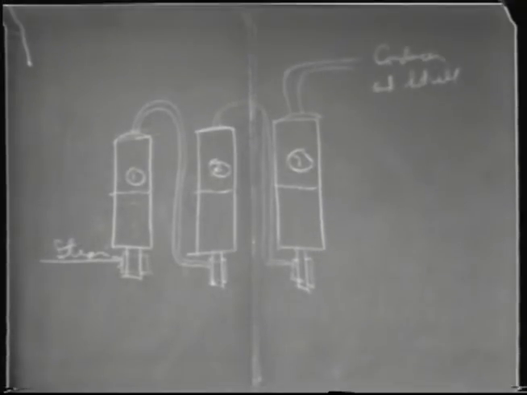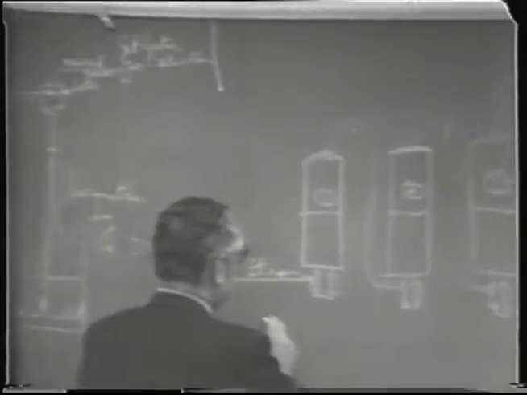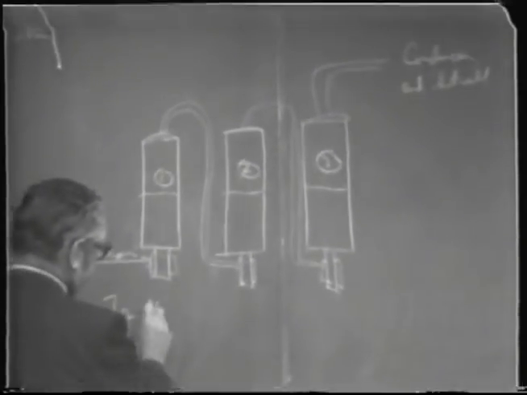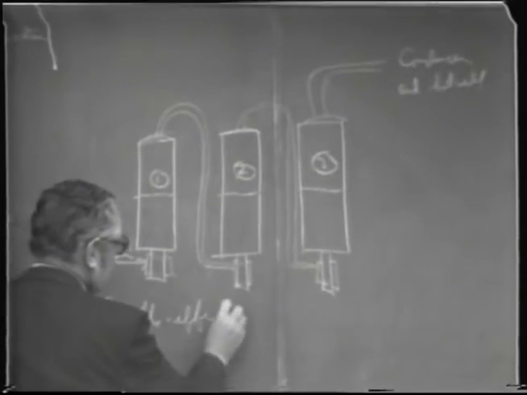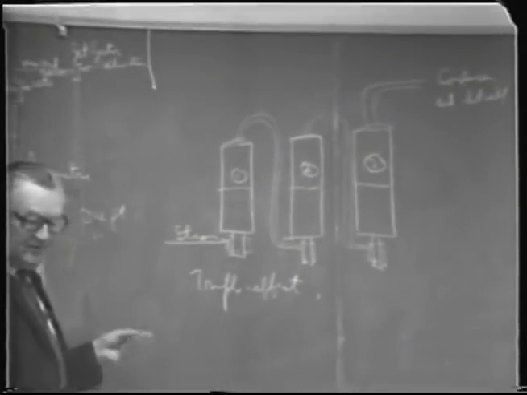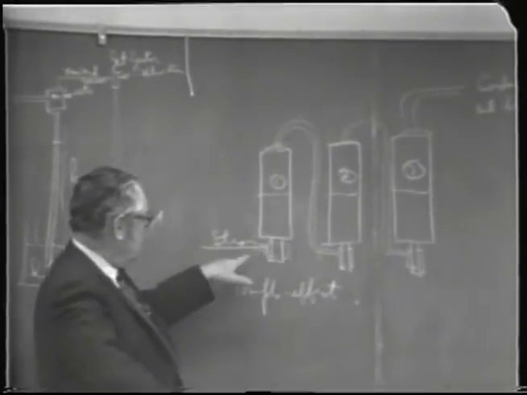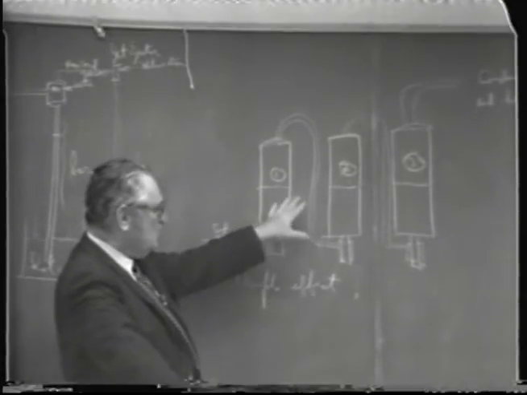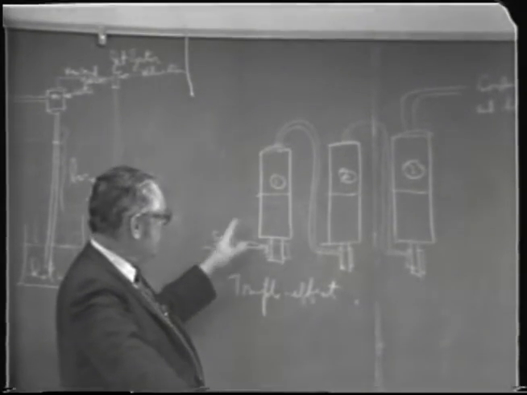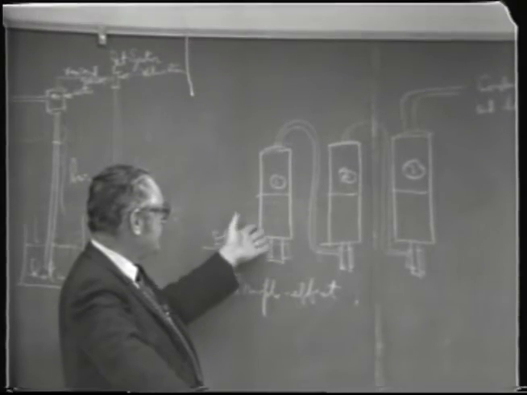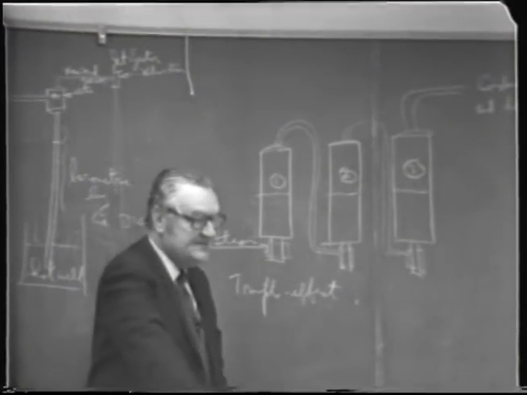Well, the point is that the purpose of a multiple effect, this would be a triple effect evaporator, is heat economy only. When we're dealing with water solutions to be evaporated, we essentially get 1 pound of water evaporated for each pound of steam condensed.